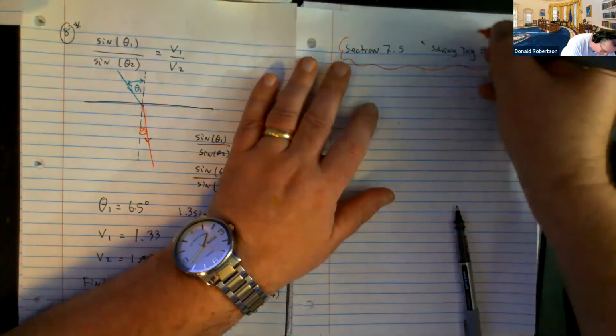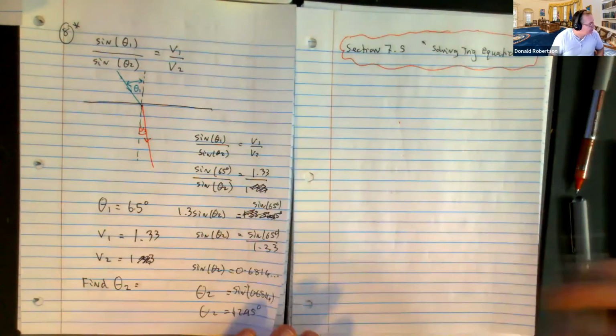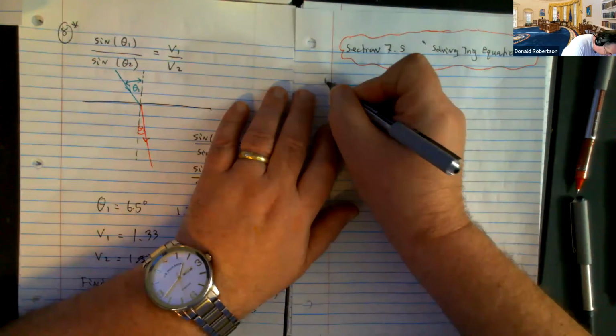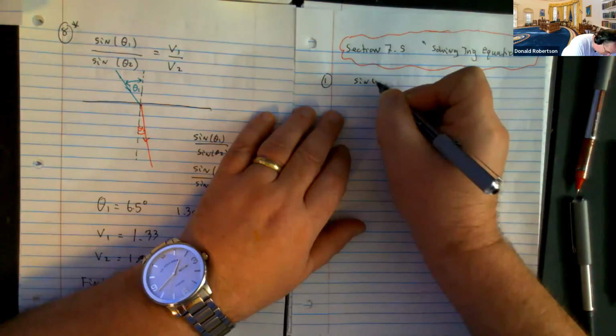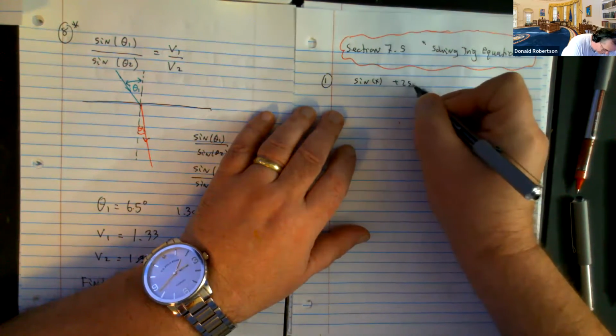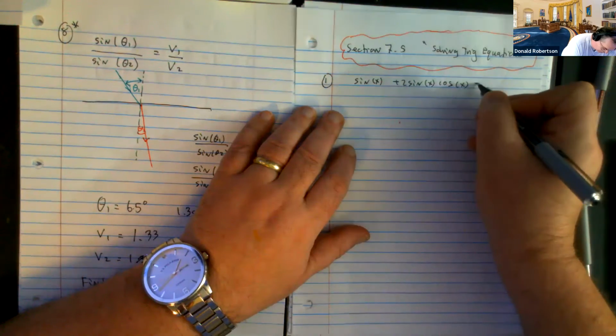All right, we'll get this one done and we will have completed what we need to be able to do in those ones. Of course, being the last one, they are going to be really ugly if they didn't think the earlier ones were. I have sine of x plus 2 sine of x cosine of x equals 0.